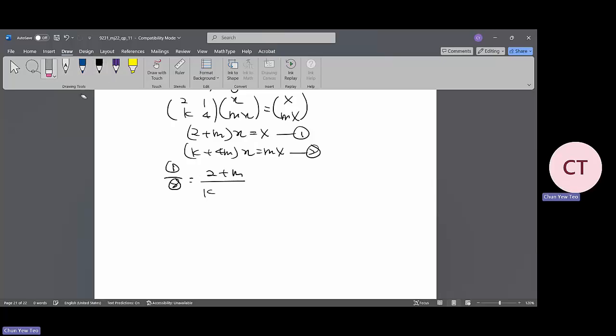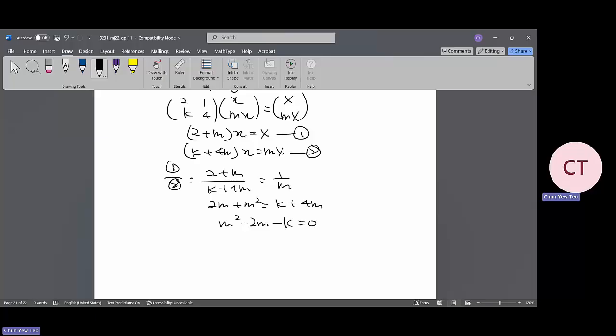So you can assume that the x is not equal to 0. Do the cross multiplication. Then we have m squared minus 2m minus k equal to 0.